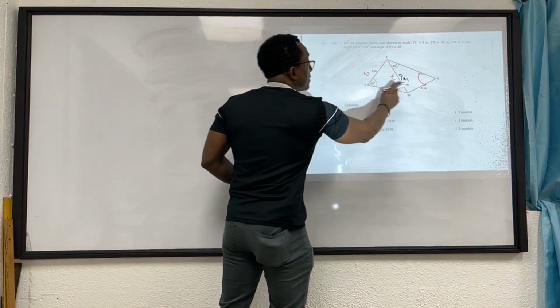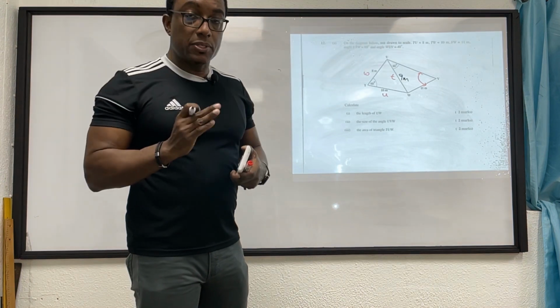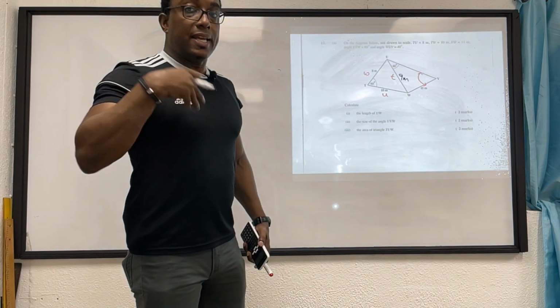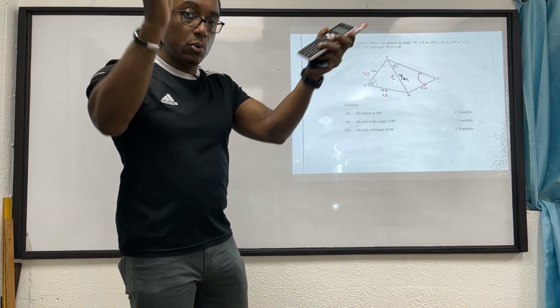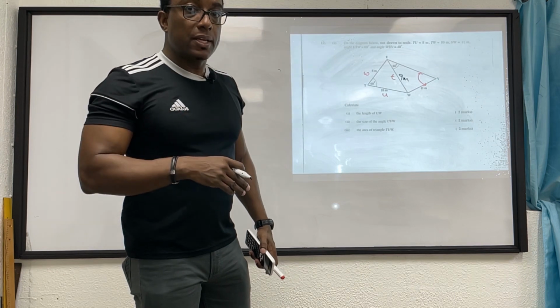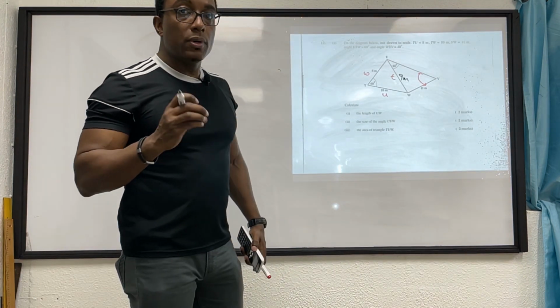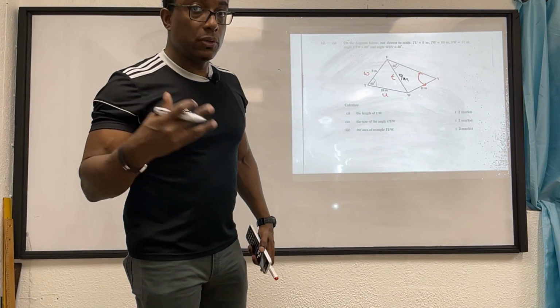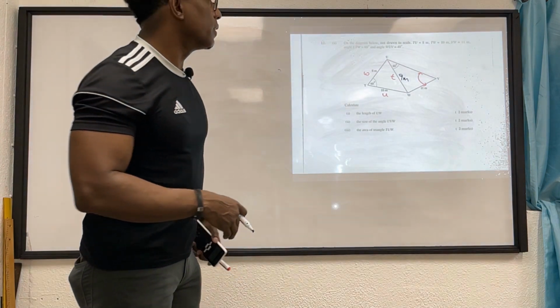We have two known sides, yes, but those two known sides do not meet to form that included angle or that angle at 40 degrees. So when two known sides meet to form an angle, then that angle is known as an included angle. 40 is not an included angle. So once we have two known sides and an angle, which is not an included angle, then obviously we're going to use the sine rule to assist us.